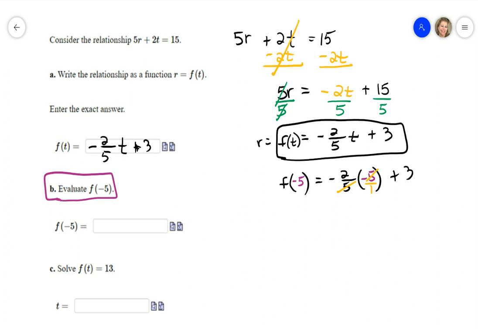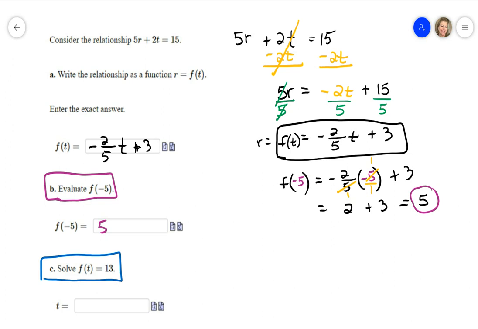But then it's a negative 2 times a negative, technically these become 1's, so that's a positive 2, and positive 2 plus 3 is a 5. So the answer right here should be a 5. That's my second answer.